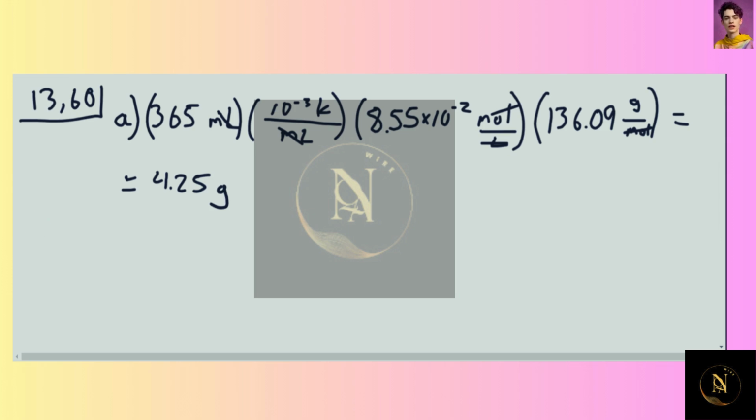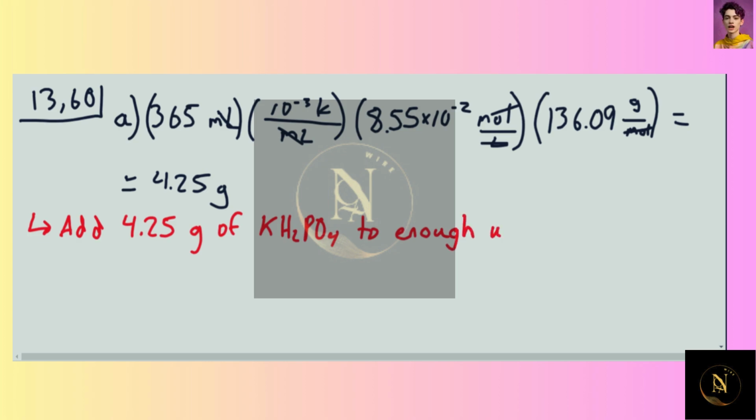So to make this solution, we should add 4.25 grams of KH2PO4 to enough water to make 365 milliliters.